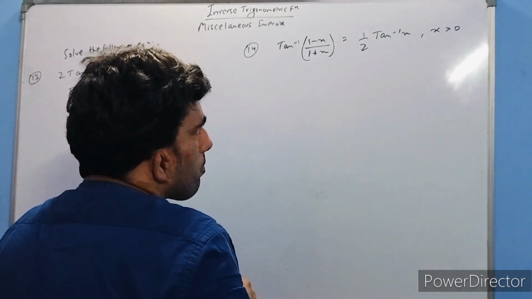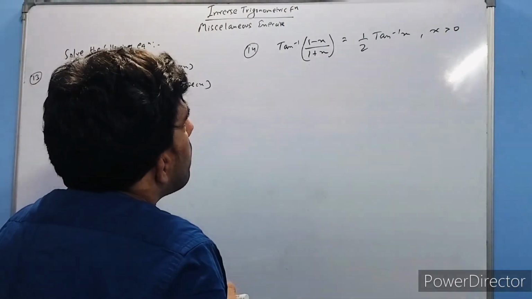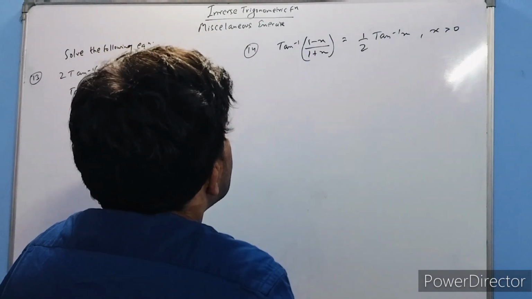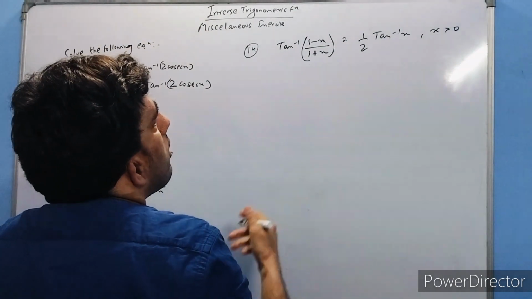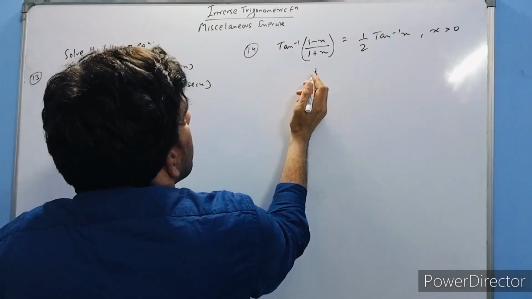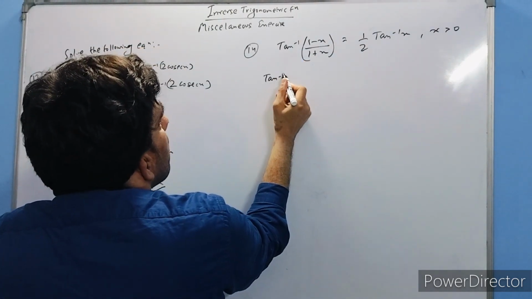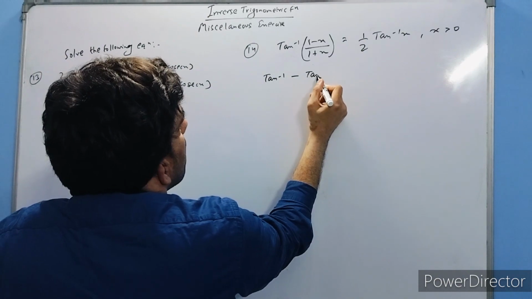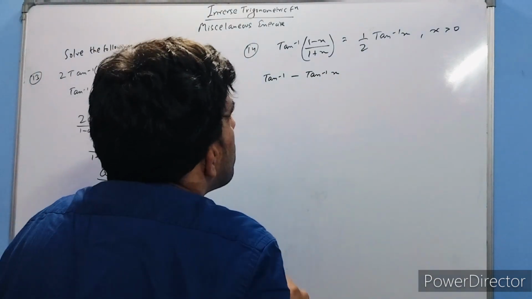So now we have a similar formula for this: tan inverse (1 minus x upon 1 plus x) is tan inverse 1 minus tan inverse x.